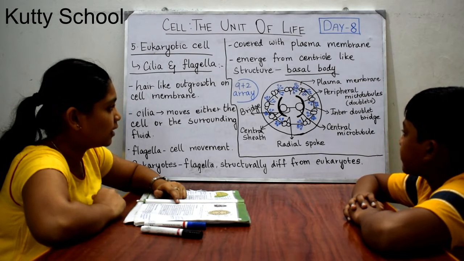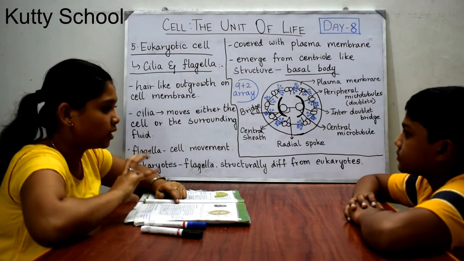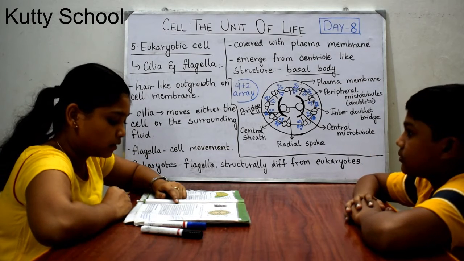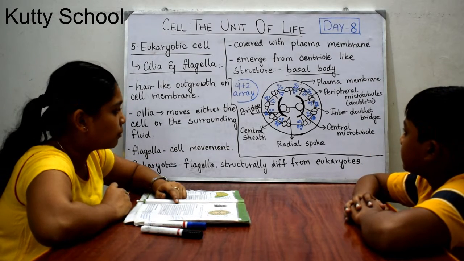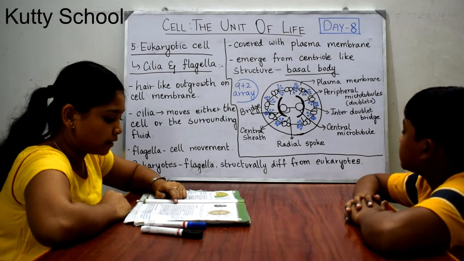When you see the structure, for both cilia and flagella the core is called the axoneme. The core is the center part of the flagellum or cilium. It possesses a number of microtubules running parallel along the axis.